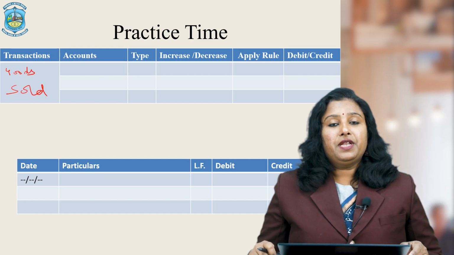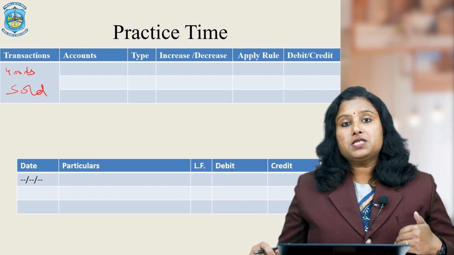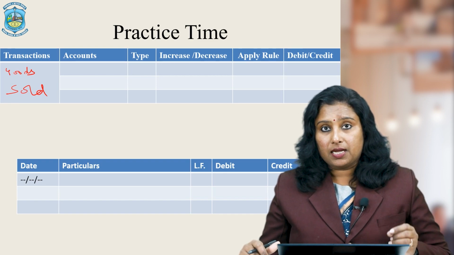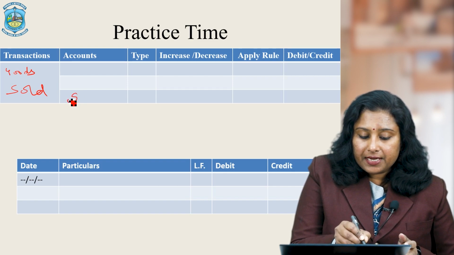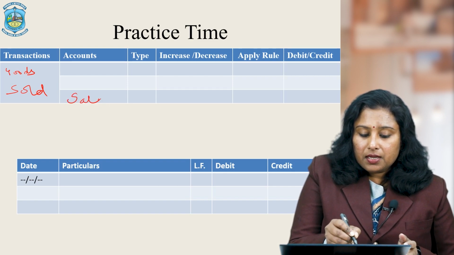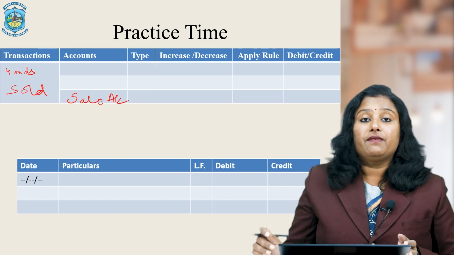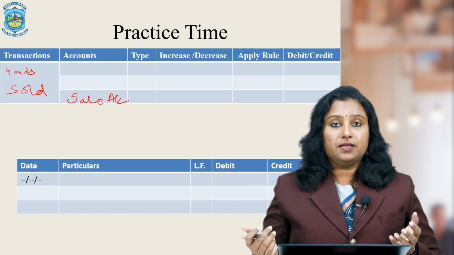Now in this case, we need to identify the name of the account. See, when the goods are sold, again we need not use the name goods account. Instead, we use the name sales account. So I am writing here sales account. Now what do you mean by sales account? Sales account is nothing but a revenue account, right? The revenue that we are receiving by selling the goods.